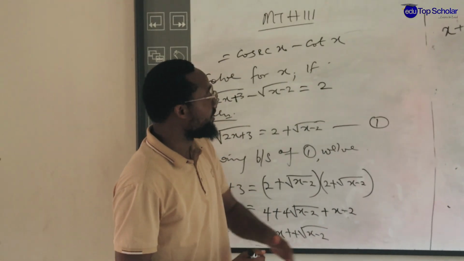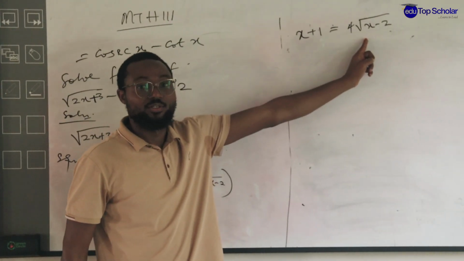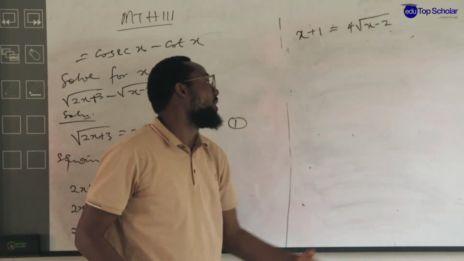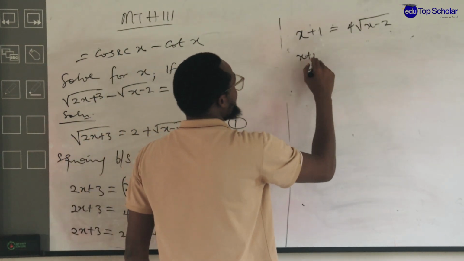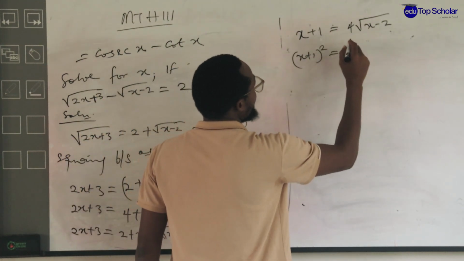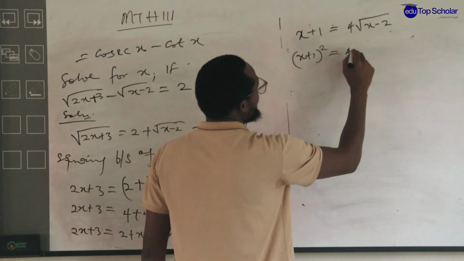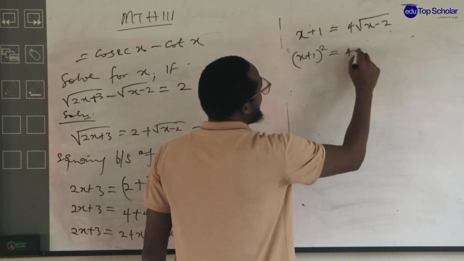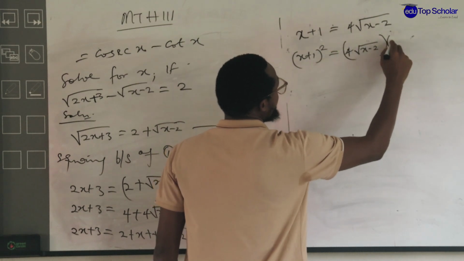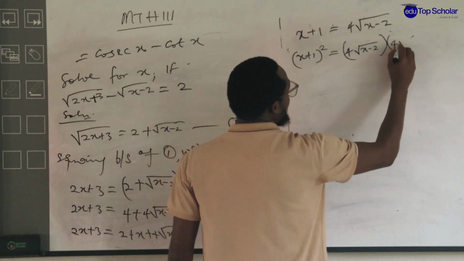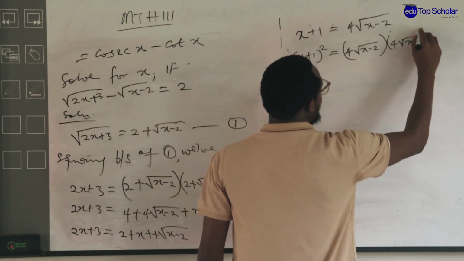I still want to remove this surd here again. So what do I do again? I take the square on both sides. By squaring both sides of this again, we now have x plus 1 squared equals this guy's square, which will now be 4 root x minus 2 multiplied by 4 root x minus 2.